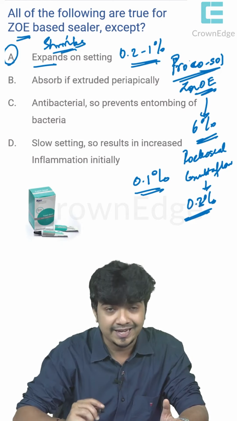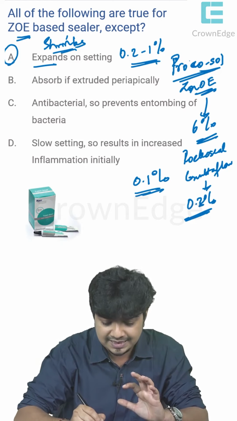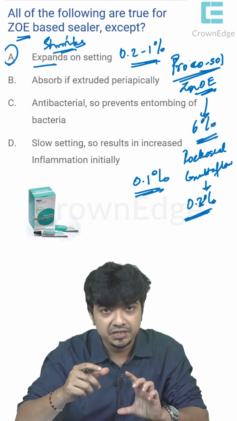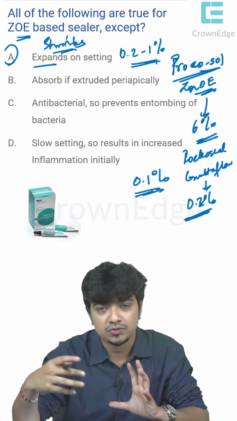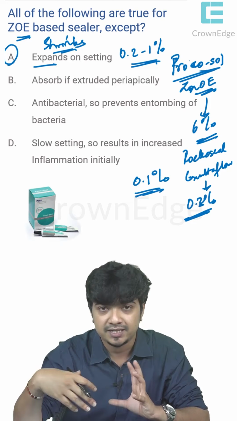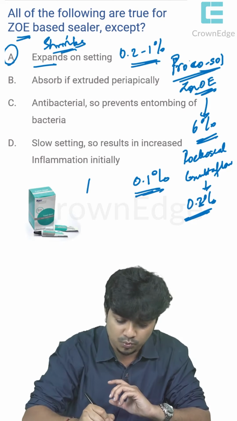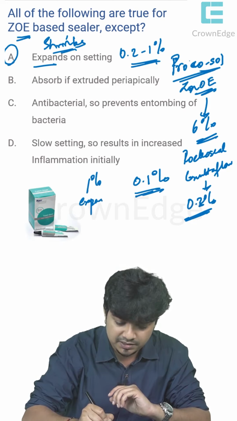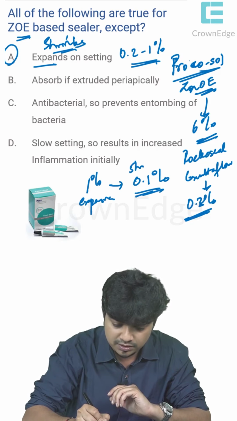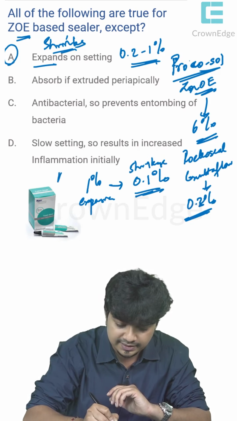AH Plus actually shows a slight shrinkage, but in the initial days there's an expansion of almost 0.4 to 0.5%. It has even been documented to be almost 1% of expansion, and then it leads to the shrinkage, and this is in case of AH Plus.